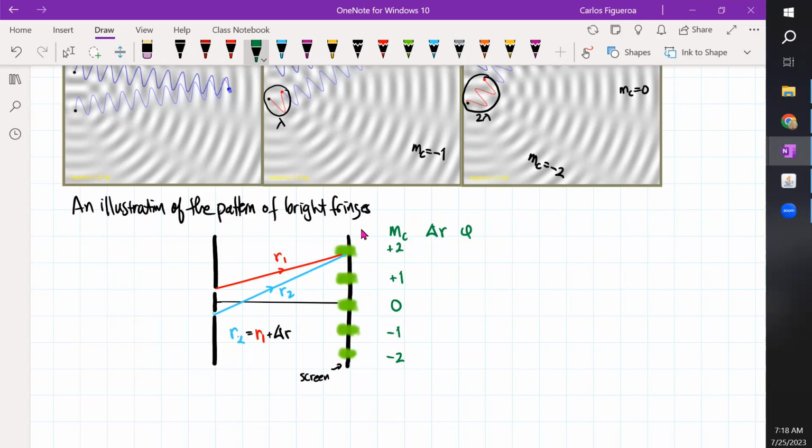And that tells me that the path difference right at the center is 0. Then this will be 1 wavelength, 2 wavelengths, a negative wavelength, 2 negative wavelengths. And for the phase of constructive interference, we saw that the phase had to be multiples of even pi's.